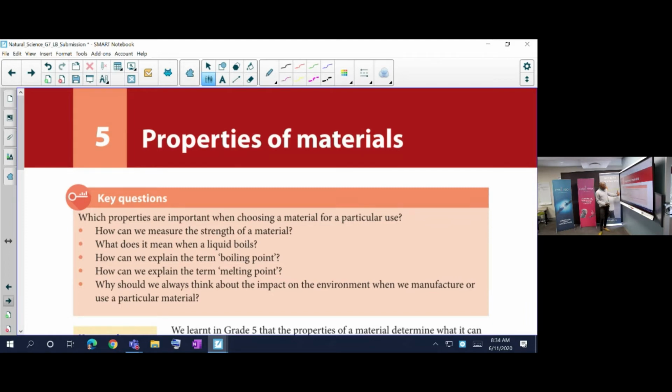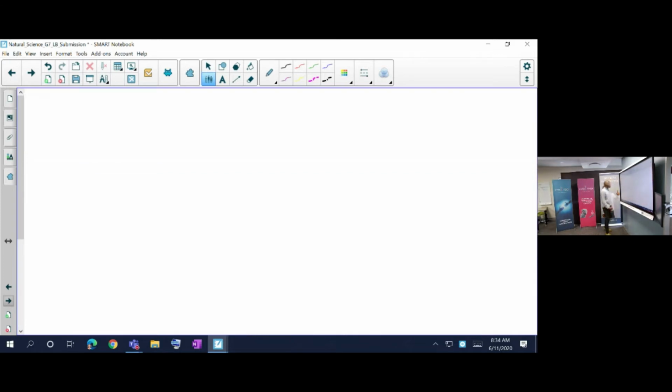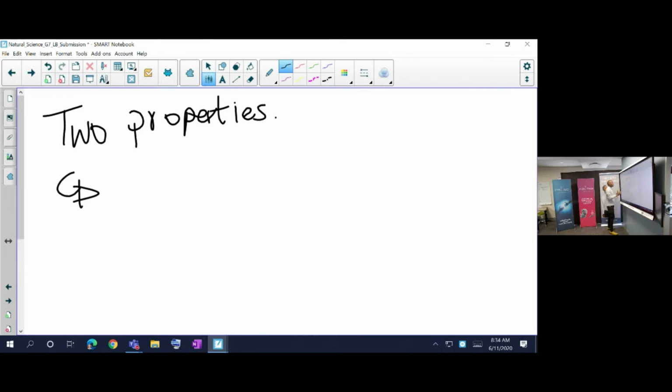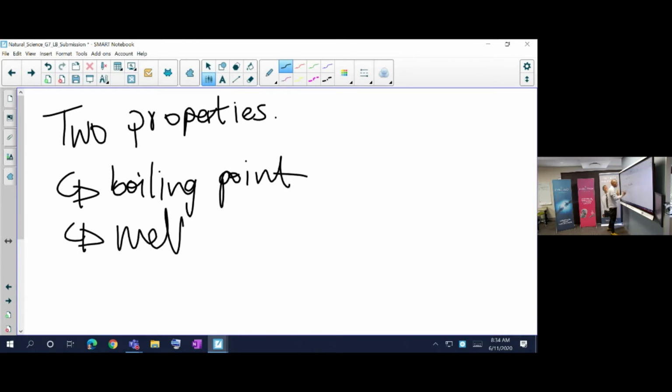We're going to be looking at the boiling point of materials and the melting point of materials.